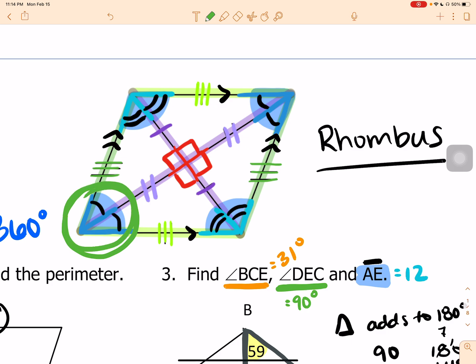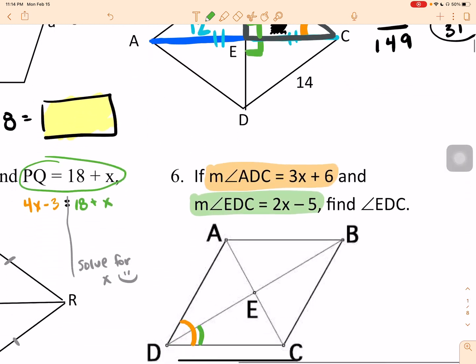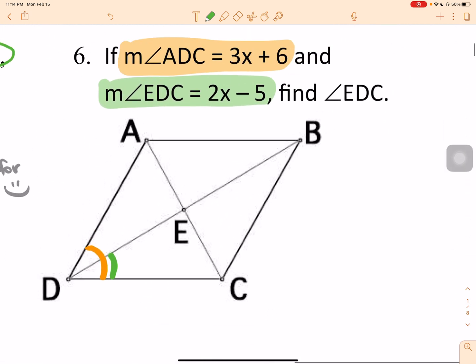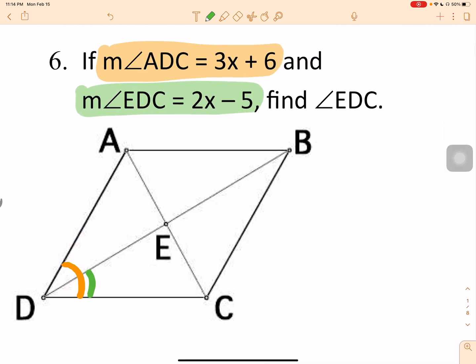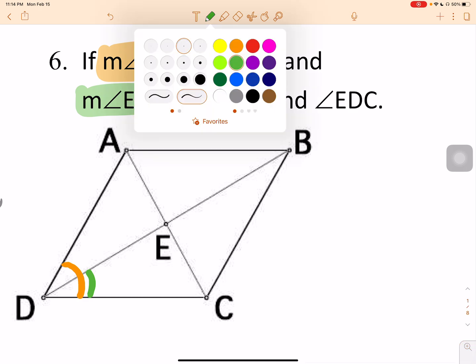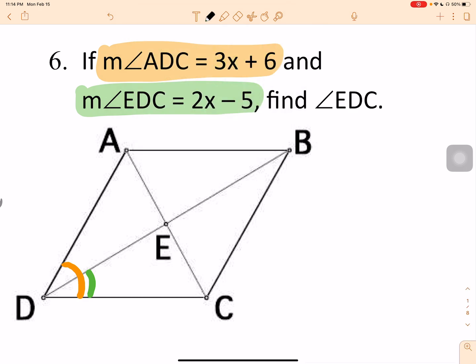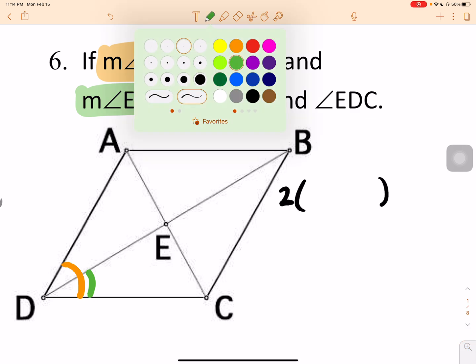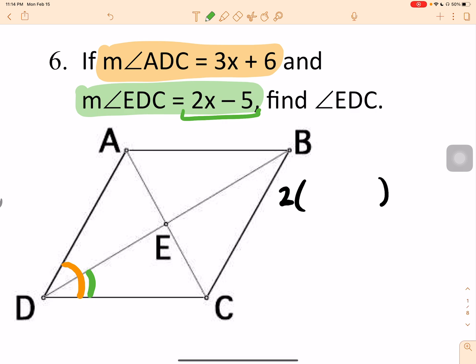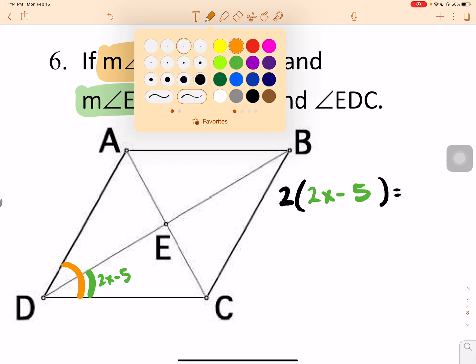All right, so this gives us the opportunity to write an equation. So that green angle there is half of the orange angle. So we could always set up an equation. You can also think of it as 2 times the green angle, which is 2x minus 5, is equal to the orange angle.